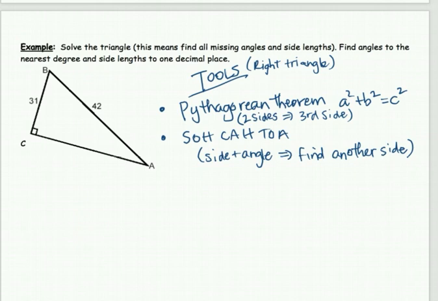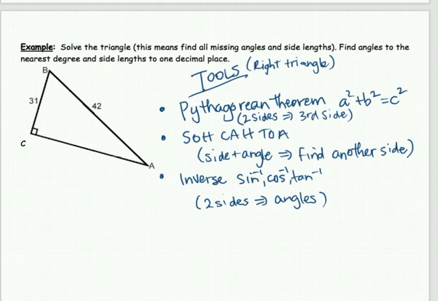And then what you just learned today was the inverse trig functions, so inverse sine, cosine, and tangent. With those ones, if you have a couple of the sides, you can find the angles.